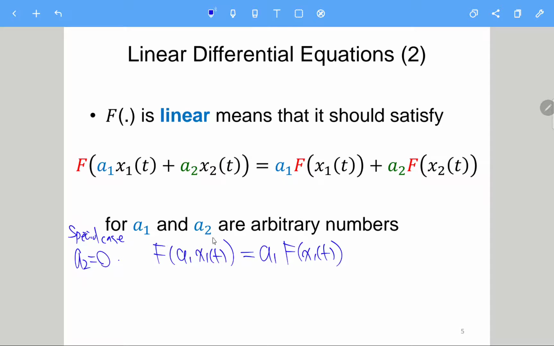This is a simple interpretation of linearity. We can just put this value out of the function. We have f of a1 times x1 of t, and then we can put this a1 out of it. Then we call it a linear function.